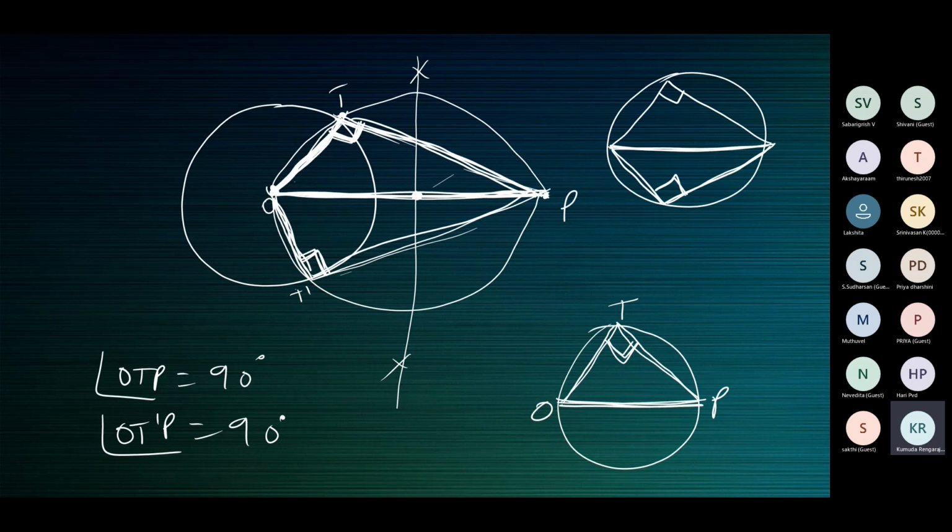So for the new circle, you can identify angles in a semicircle, which will be equal to 90 degrees. And then in the original circle, you must say that the radius is making 90 degrees with two lines. Then those two lines must be tangents to the circle.